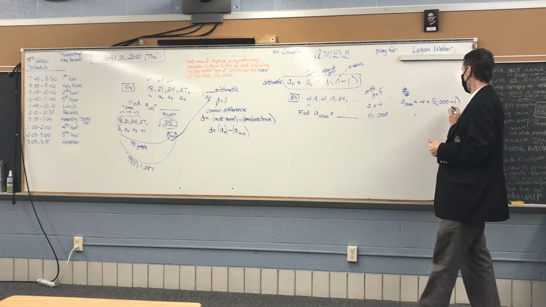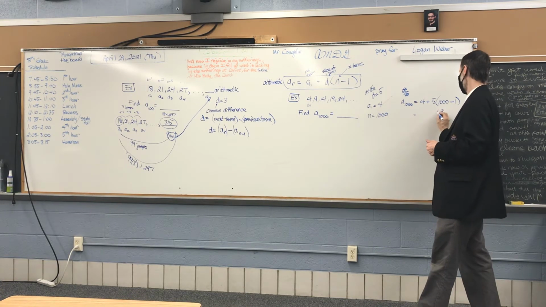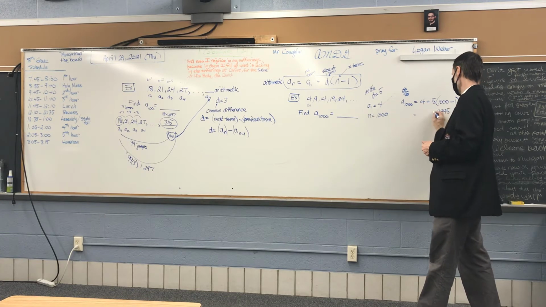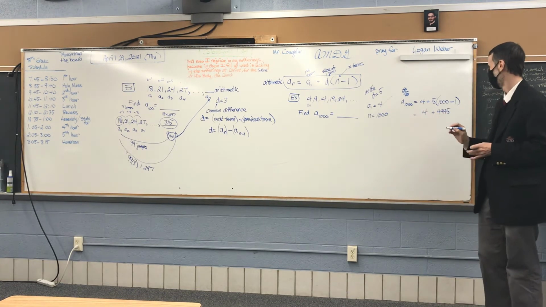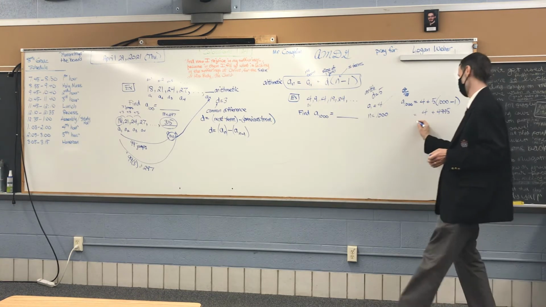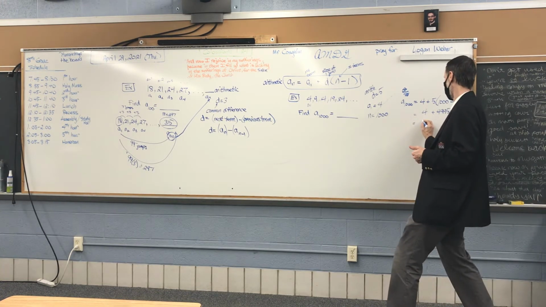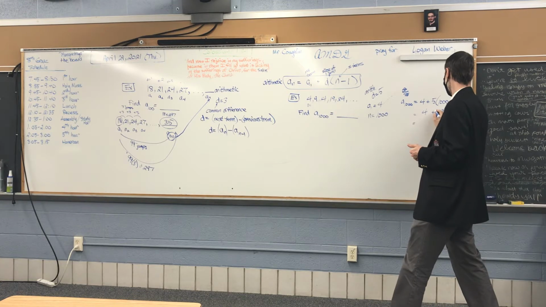Okay, so 1,000 minus 1 is, sorry, 4,995. Oh, that's not true. And then plus... Yeah, I guess that's correct. So what's the final answer? A sub 1,000 equals... Wait a minute, whoa, back up.